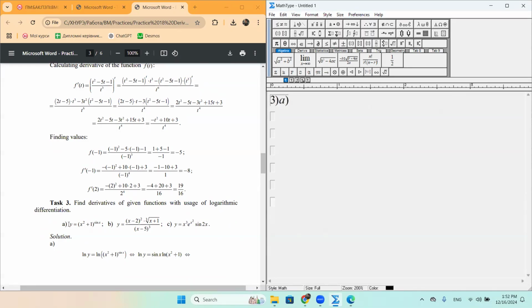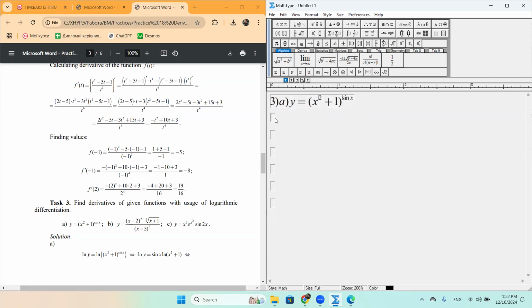Basically we have the next function: x to the power of 2 plus 1, all to the power of sine of x. How to differentiate it? Is it a power function or an exponential function? It's not clear. So how to solve?